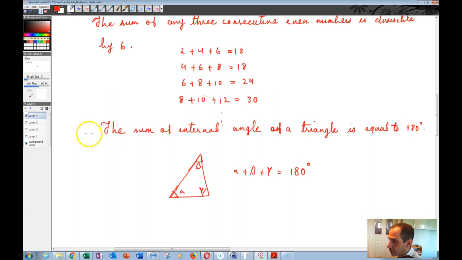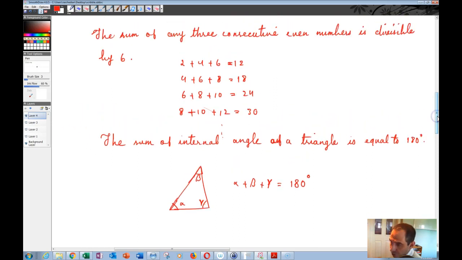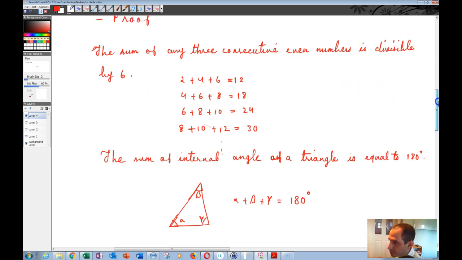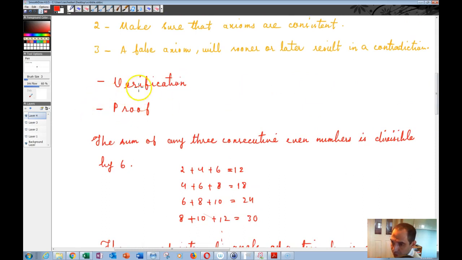So then, in order to solve that problem, in order to make sure that what you're saying is true for all the different possible cases of that particular problem, you need to prove something logically.